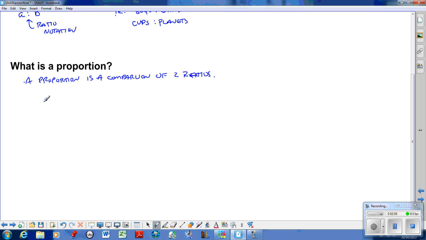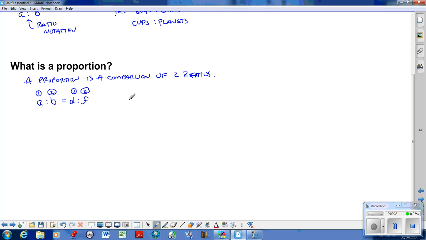Basically we have one ratio, A to B, and we set it equal to another ratio, say D to F, where the ratios match up in that the first term is a measurement of the same value, and the second terms also line up.